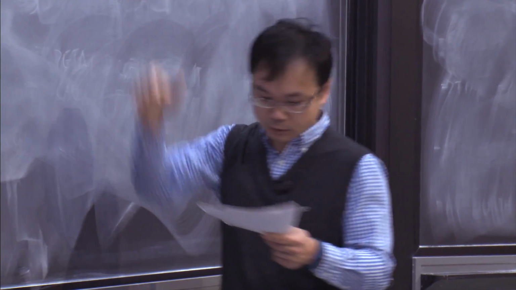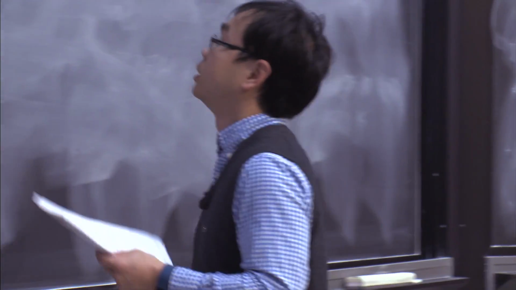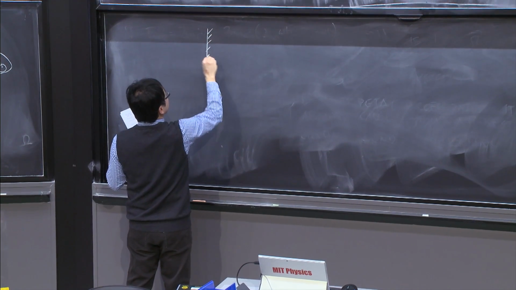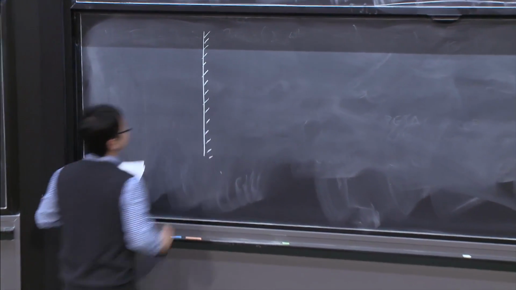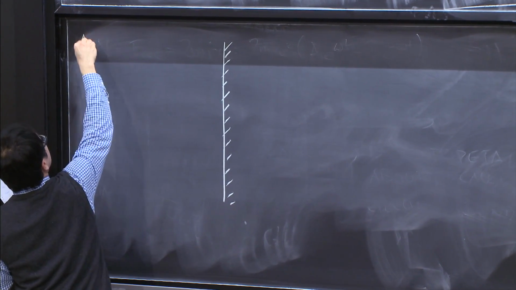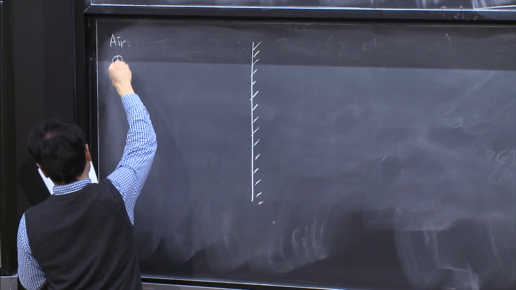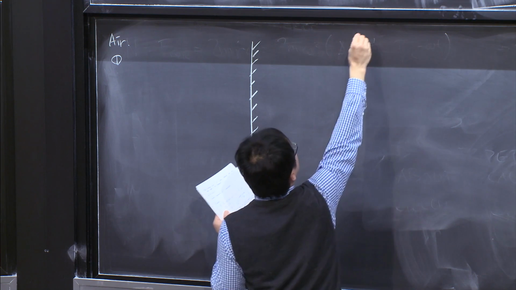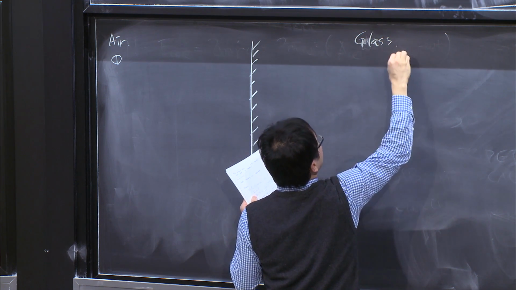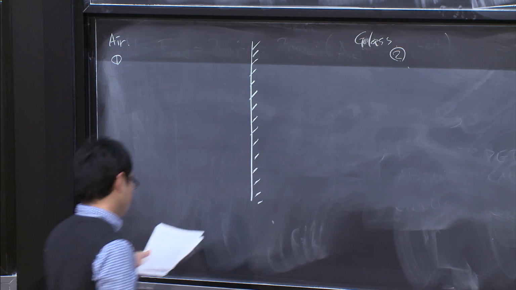So what I'm going to do is, again, take a look at the boundary between two materials. One side is the air, which we call number 1, and the other side is the glass, which I call material number 2.